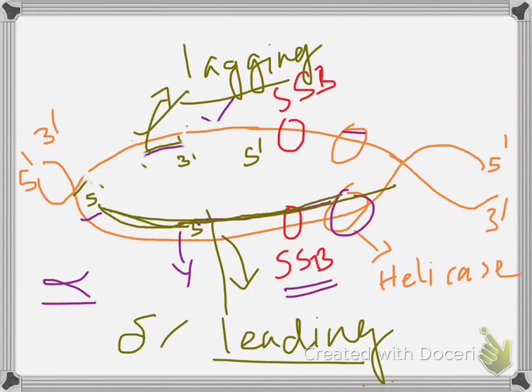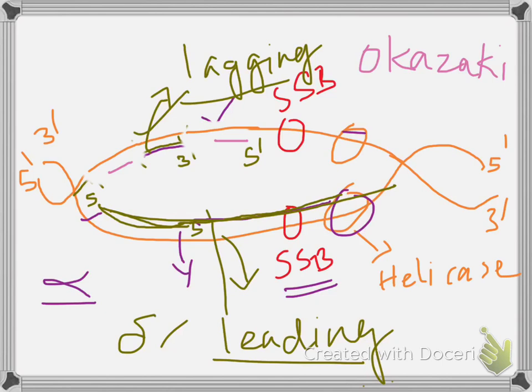So we get alternate strands. These fragments are known as Okazaki fragments. These short segments of DNA are known as Okazaki fragments.